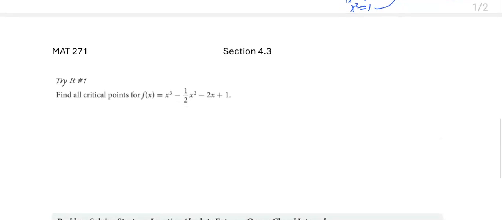So we can do the same thing for this one. We're going to take that derivative and set it equal to 0. And this is where you may want to pause the video, try it, and then come back and check your answer. I have 3x squared minus x minus 2. I'm going to set that equal to 0. Let's see if this factors.